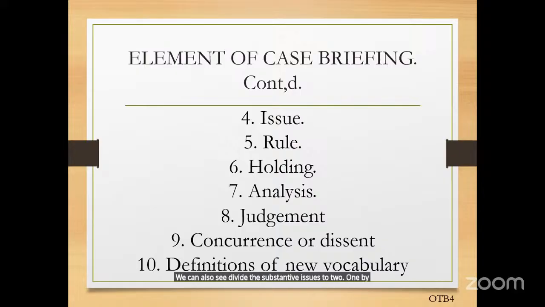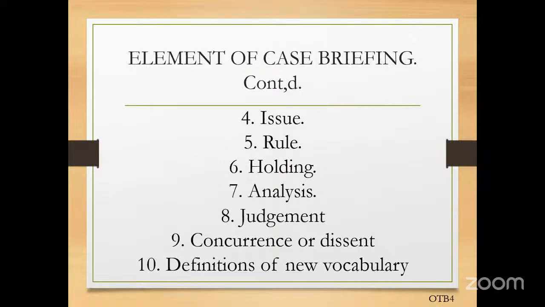Number one is the point of law in dispute, because sometimes it may be the provision of the law that is in dispute, not even the facts. So, under substantive issues, you need to determine whether it's a point of law that is an issue or the key fact of the case relating to that point of law.